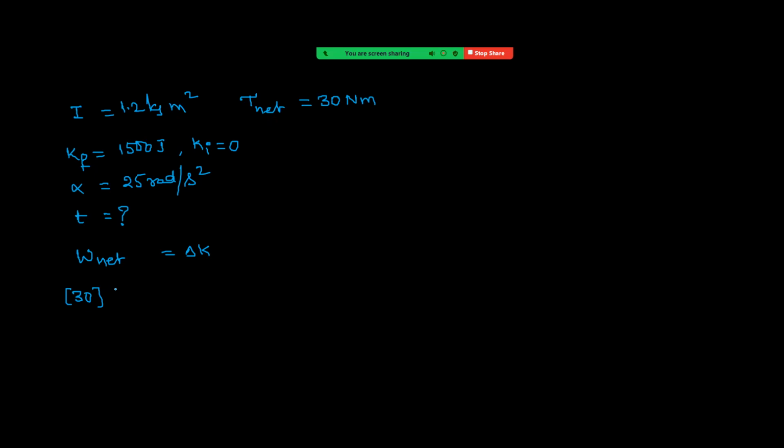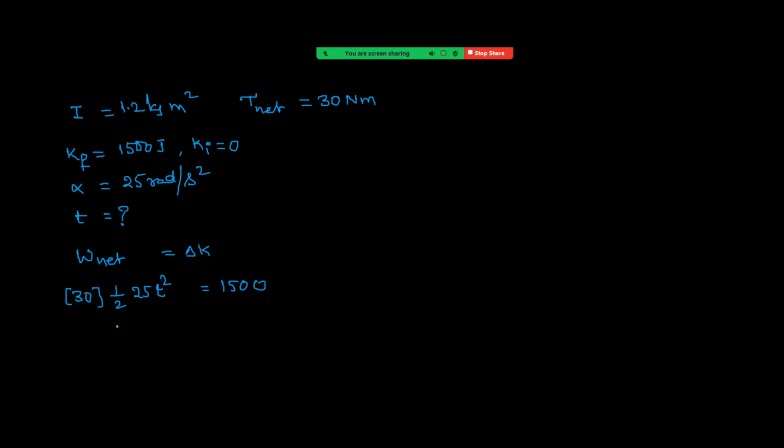Displacement how much? Displacement equal to half alpha t square, right? Because initially it was at rest. So displacement equal to half alpha t square, because alpha is a constant. So net torque into displacement is half alpha t square. This is equal to delta K, right?